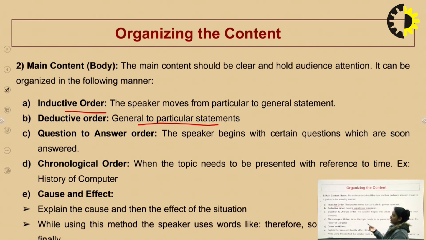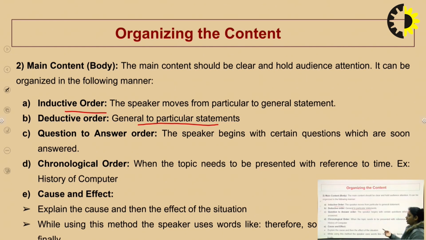We can also arrange the subject matter into question-answer order. The speaker begins with certain questions which are soon answered. Or it can have a chronological order when the topic needs to be presented with reference to time, for example, history of computer, or a history of some famous personality. Okay, so it gives the order of the events that happened.